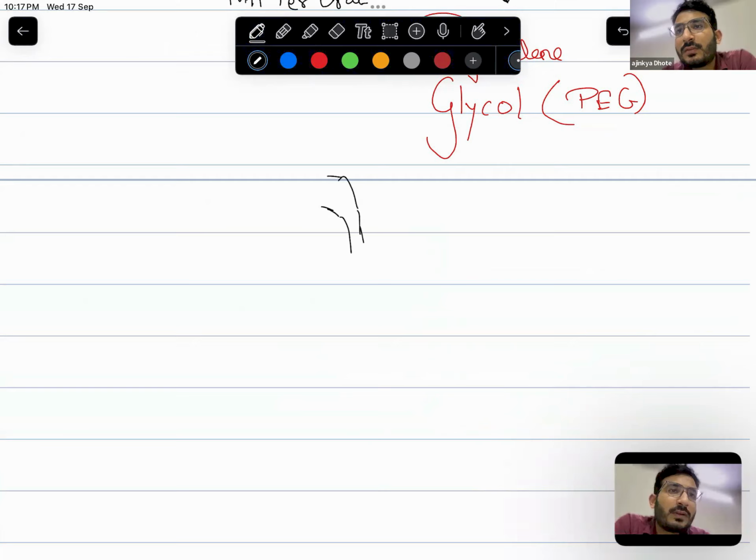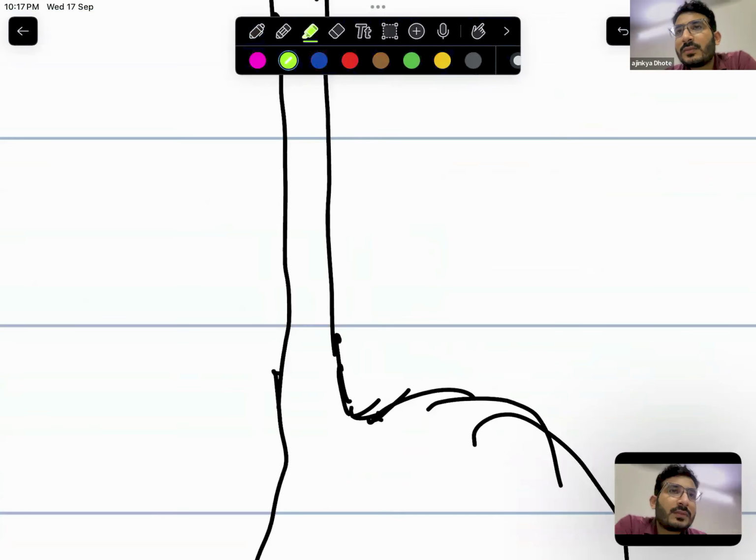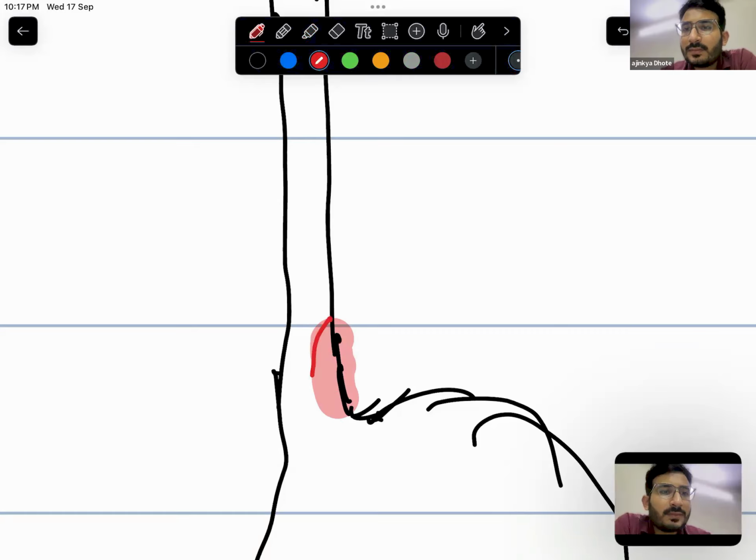So this is the mouth part. This is your esophagus. This is your stomach. Suppose there is a lesion that is there in the esophagus.